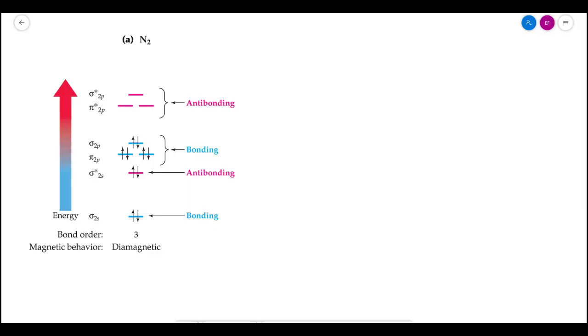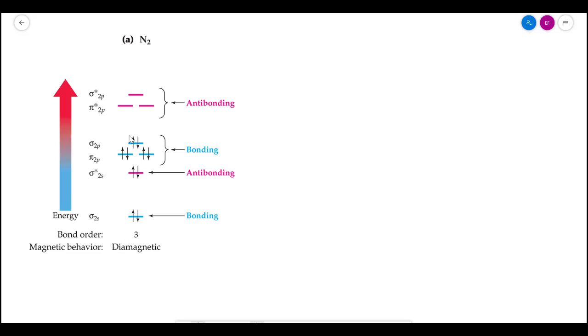So let's revisit the molecular orbital diagram for nitrogen. We've already drawn this and looked at it a couple times. And let's look at where the electrons are and whether or not there are any unpaired electrons. If you've got an electron and it's paired, then you've essentially canceled out its impact or its ability to interact with external electric or magnetic fields.